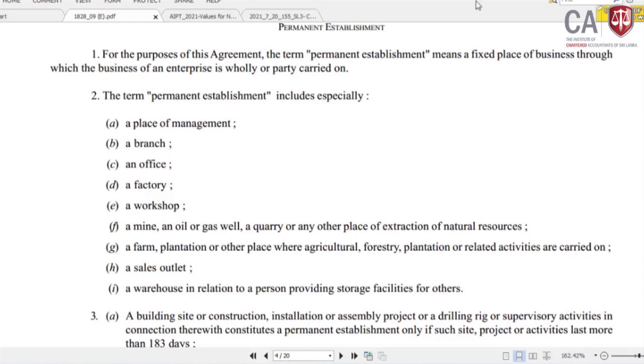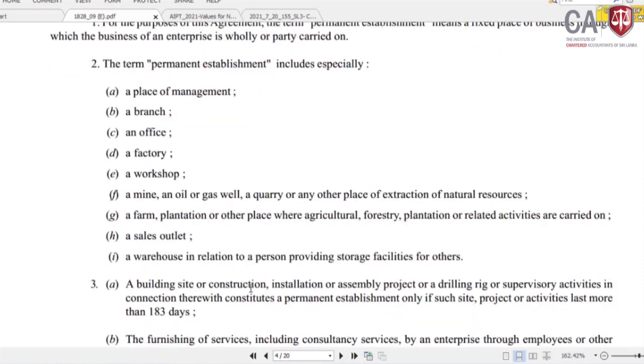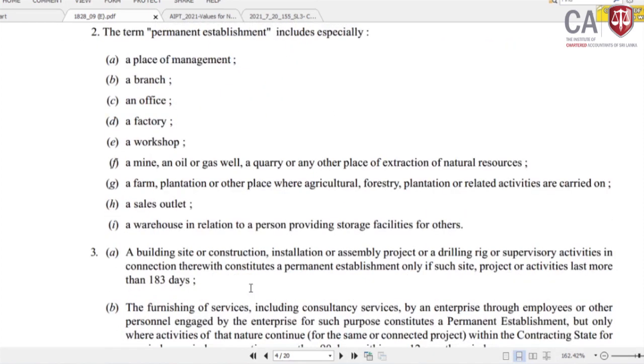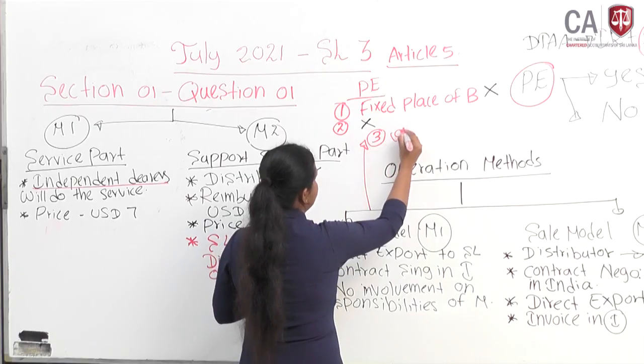Then the third one: a building site, construction, installation or assembly project or a drilling rig, or supervisory activities in connection therewith, constitutes a permanent establishment only if such site, project or activities last more than 183 days. Is 3A satisfied?